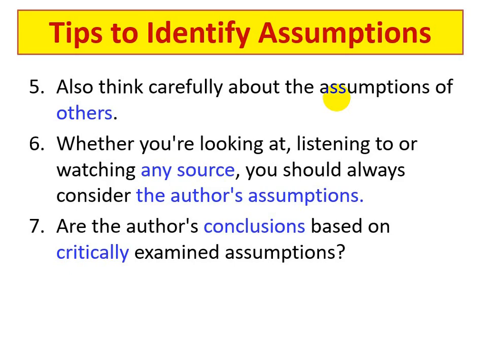So you have to be very attentive and very aware of the author's assumptions, and you have to be skillful at identifying and searching for the author's assumption within his source, I mean his book, his writing, his story, etc.